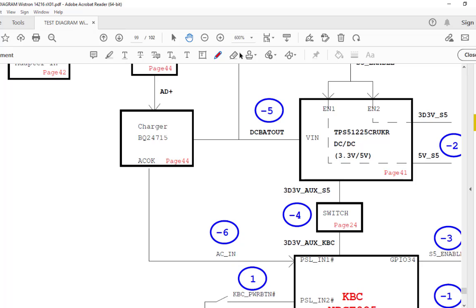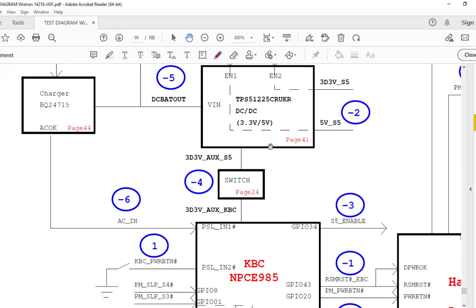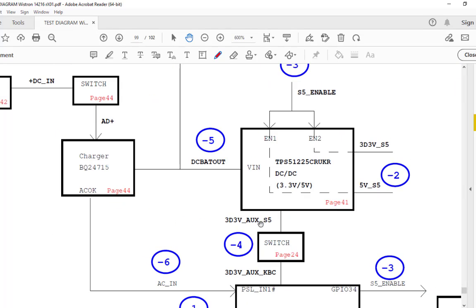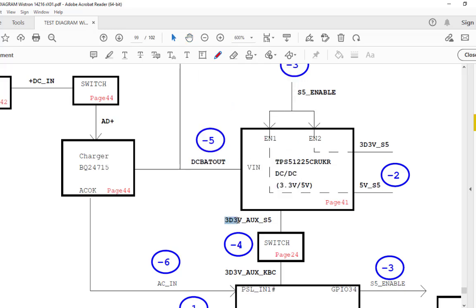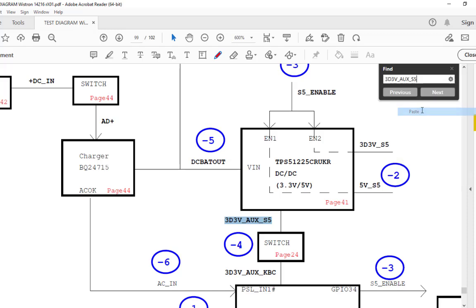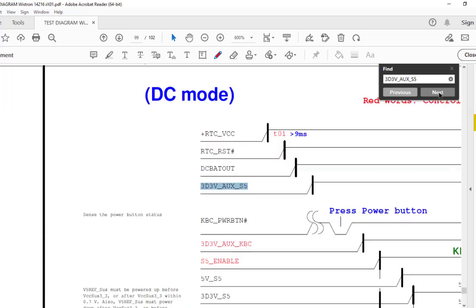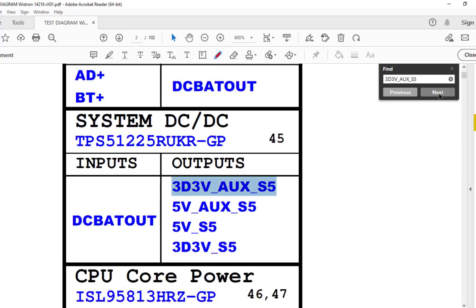For that, I will go back these 4 steps, and I'll select this signal called 3.3V aux S5. I'll copy this signal, come here and paste it, and then click next, next, next.